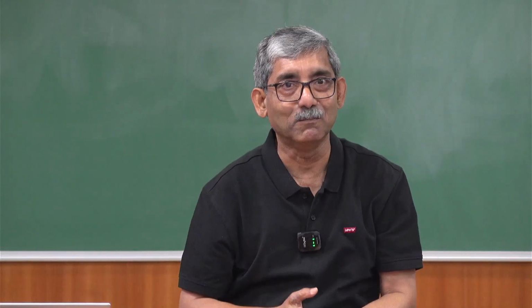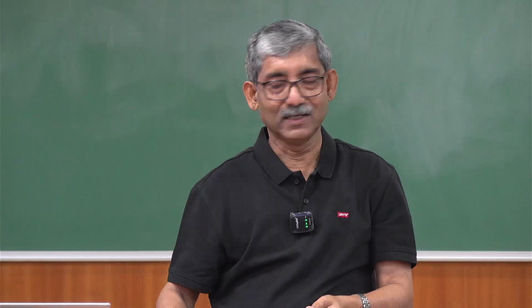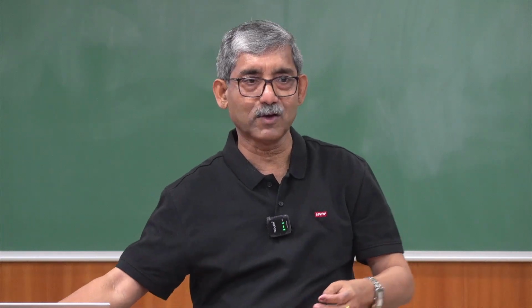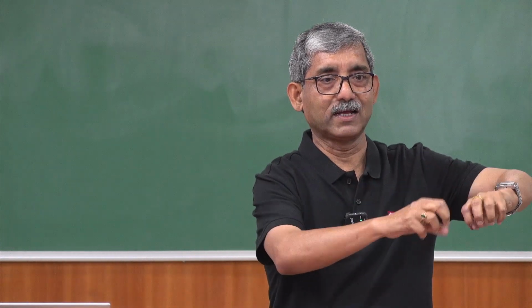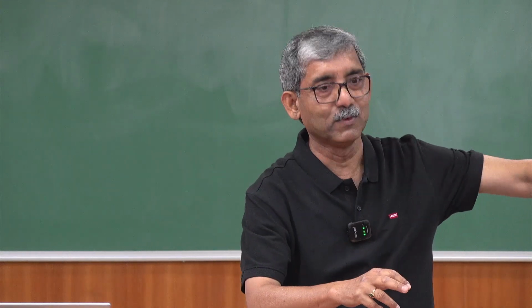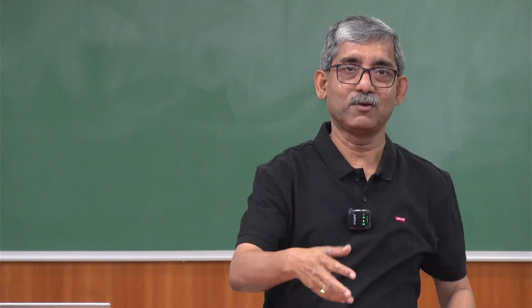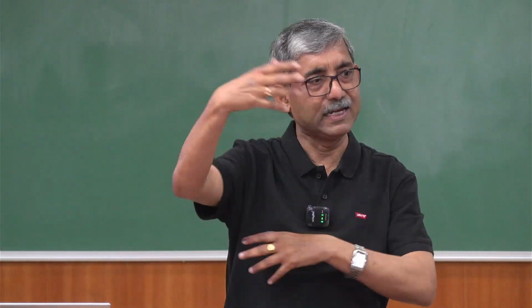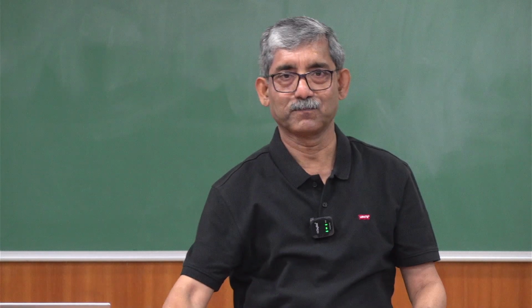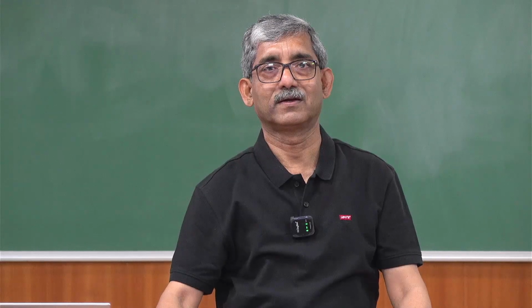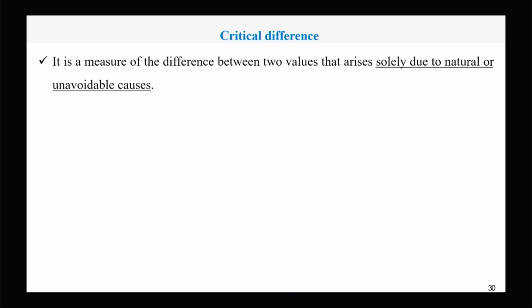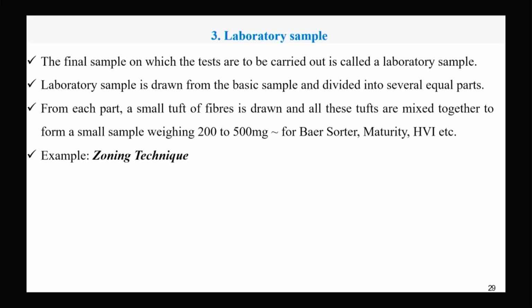One can frame it, for example removing from the left hand, next time from the right hand. Any way you can do. This is how you get the laboratory sample. I will discuss the zoning technique subsequently.